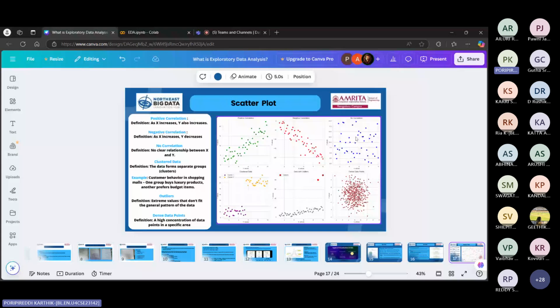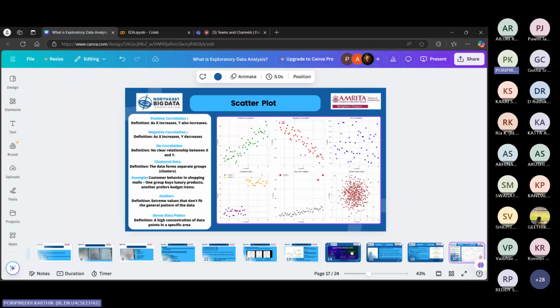And down in the clustered data, we can see that there are two types, different cluster 1 and cluster 2. This happens mostly in shopping, where one category buys the expensive products and the other category buys the budget items.